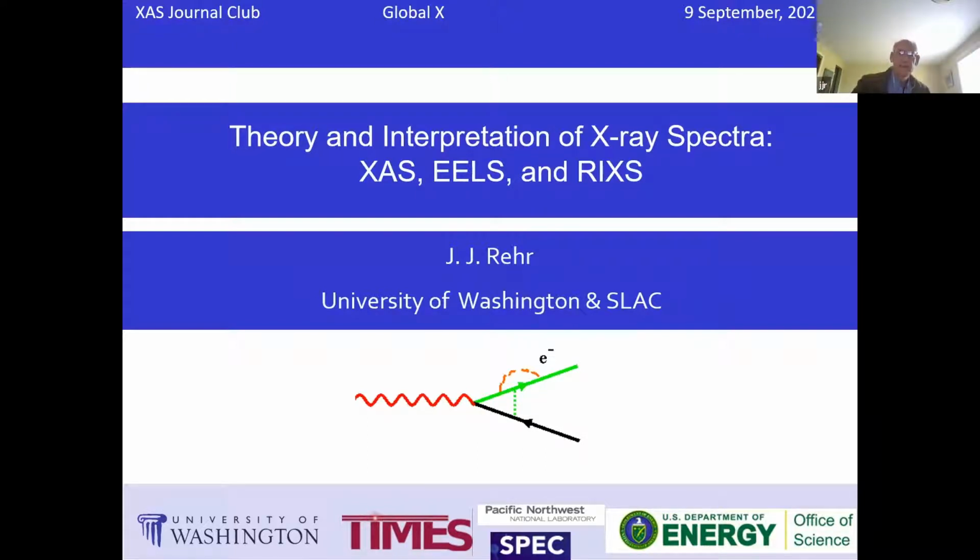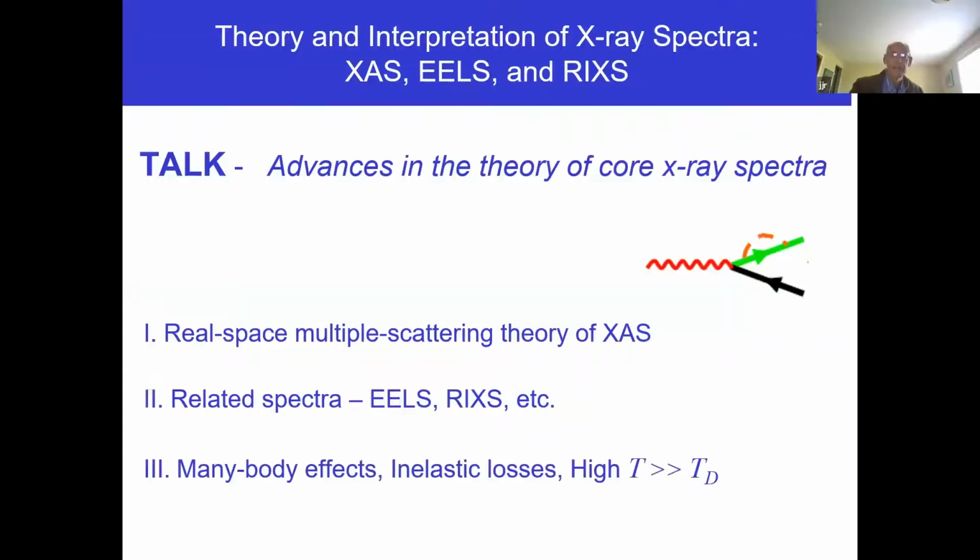you've seen the title and you've seen the Feynman diagram, which basically summarizes the theory that I'm going to discuss. Briefly, I'm going to talk about advances in the theory over the past few decades. I'll start with a review. This is, of course, very old, but it's always nice to do a little review of the theory. And I'll try to focus on some of the physical considerations that were involved.